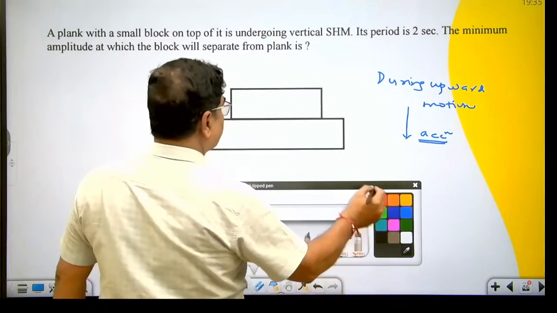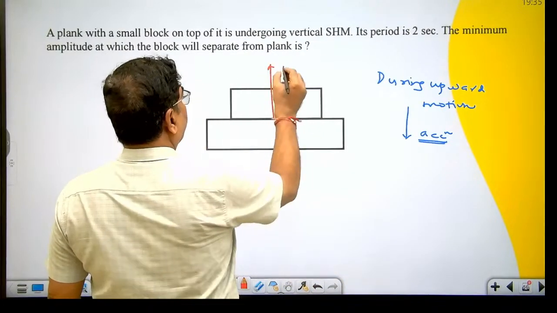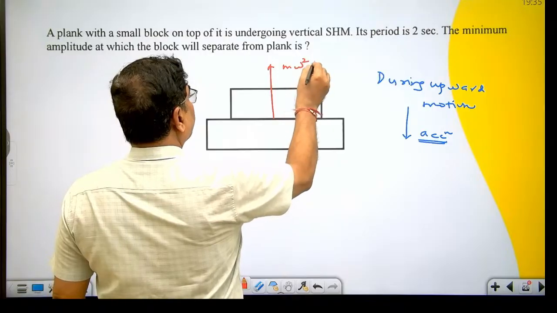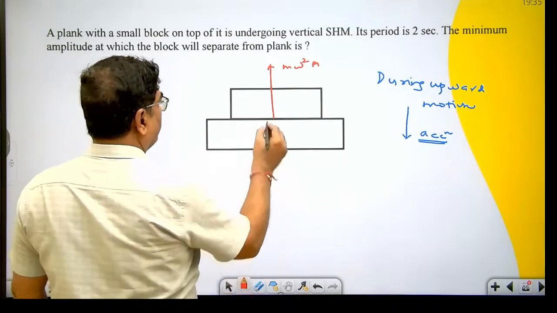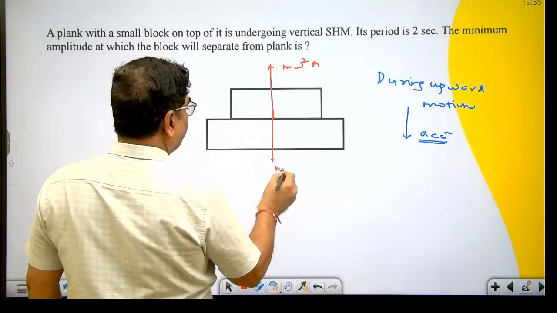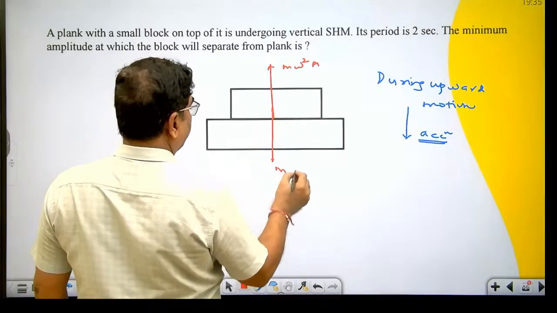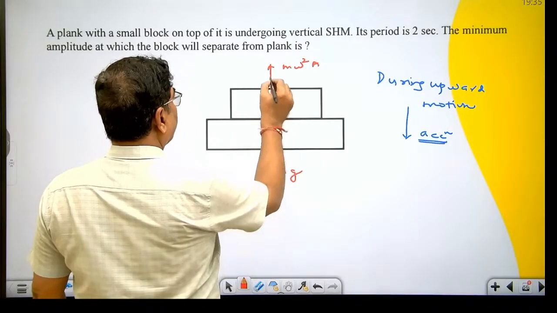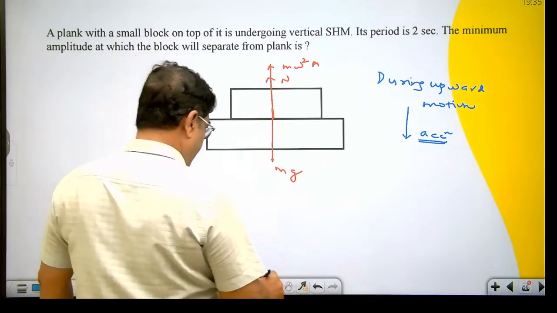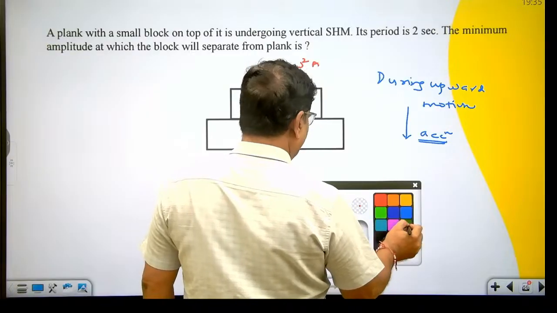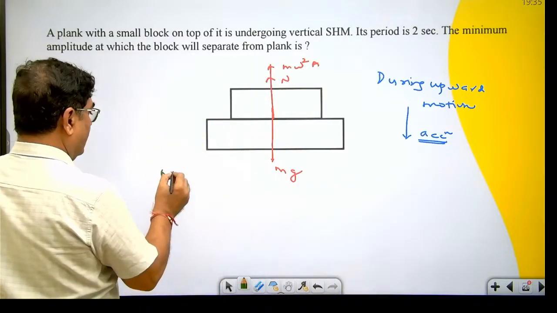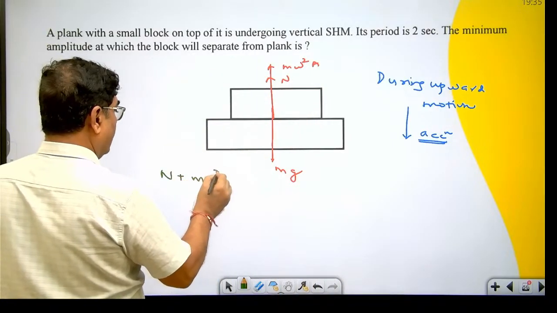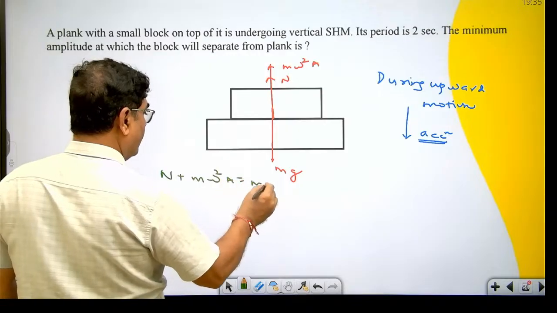So the pseudo force will act in the upward direction. At the extreme position, this will be equal to m omega square a. If m is the mass of the body, this is mg, and this is the normal reaction. So when the block is moving upside, the equation is N plus m omega square a equals mg.